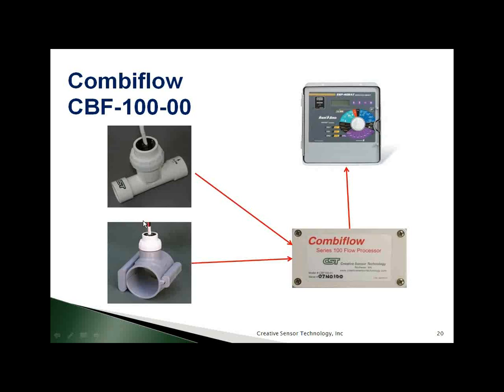So if you have 2 different points of connection, perhaps you have alternate sources of water between a water harvesting system, rainwater recovery system, something like that, and potable water, you may have 2 different sources of water supplies or 2 different points of connection. You can combine these signals with this product into a single signal and go into the controller flow sensor input.